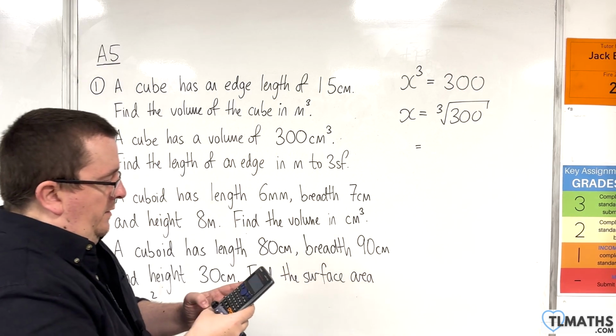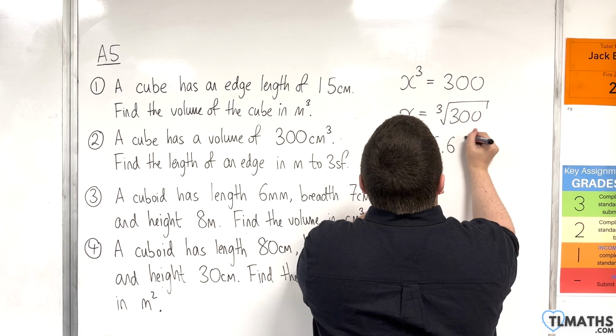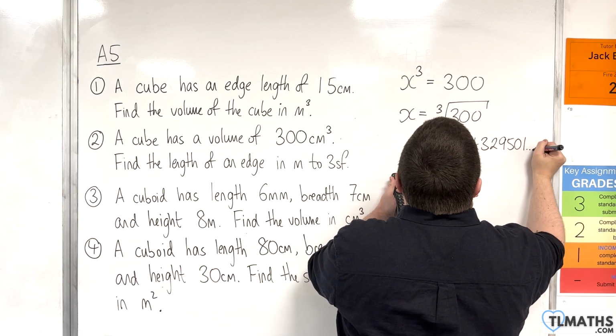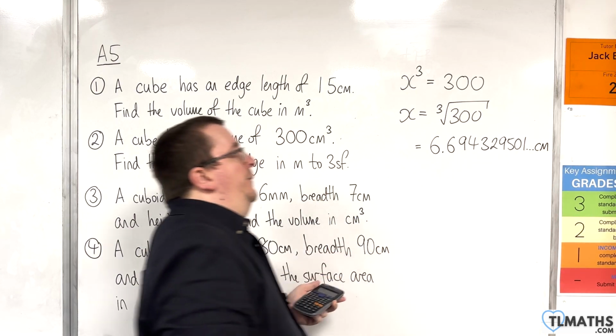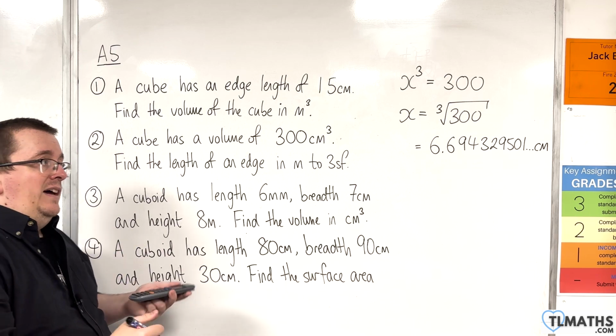So cube root of 300 is 6.69432950. Now remember that's in centimetres and we want it in metres. So we need to divide that by 100.